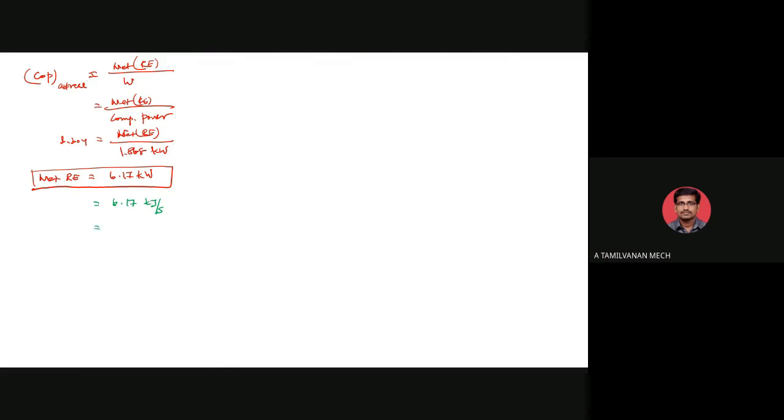If you are asking per hour, it is 6.17 kilojoule divided by 1 second. 1 second is equal to 1 by 3600 hour, otherwise 1 hour is equal to 3600 seconds.